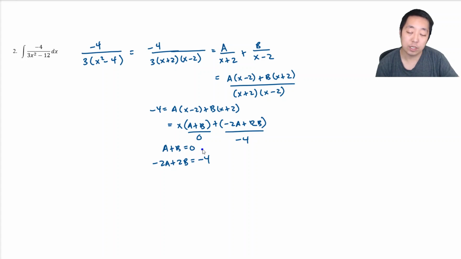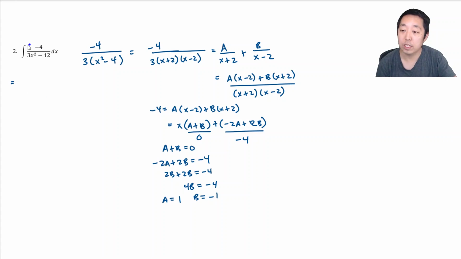So a is equal to -b, so this becomes 2b + 2b = -4, or 4b = -4, b = -1, and therefore a is equal to 1, because 1 - 1 would be 0 here.